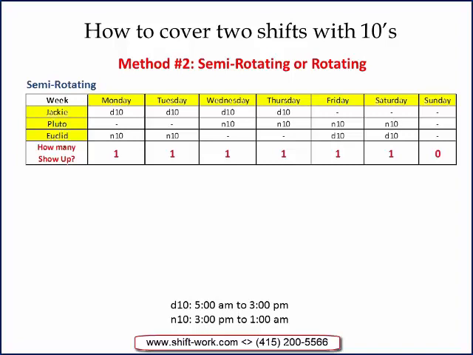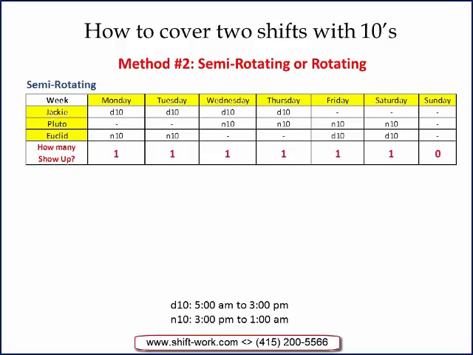Then on Friday, Euclid is coming in on days and working, and Pluto will cover nights. Now, if you remember, on Monday and Tuesday, Euclid worked the night shift. Then Euclid's off on Wednesday and Thursday, and comes back on Friday on day shift. And then on Saturday, Euclid is covering the day shift while Pluto is covering the night shift. If we look at the pattern, Jackie works Monday, Tuesday, Wednesday, Thursday, and is off every Friday, Saturday, Sunday. Jackie is always on day shift and always has Friday, Saturday, and Sunday off.